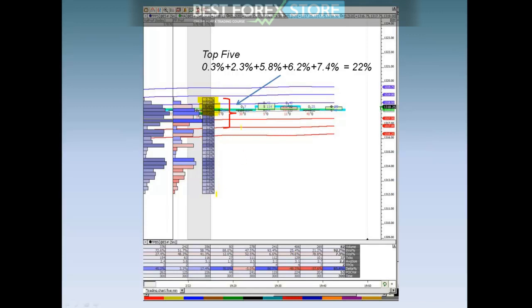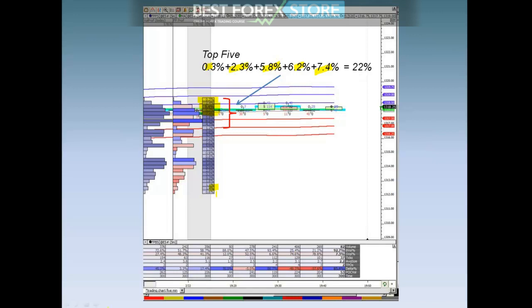And I look at this range at the top, and then we're also going to look at the bottom. And then I tabulate, or I calculate, add up the top 5. And if you look at the percentages, 0.3, 2.3, 5.8, 6.2, 7.4, that's 22%. That's the total for the top 5.